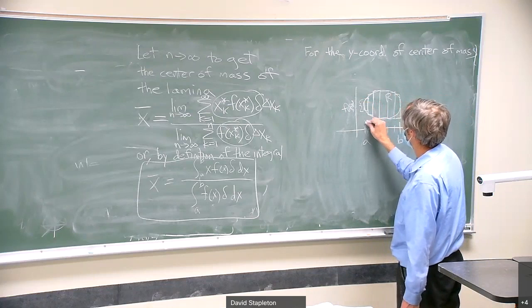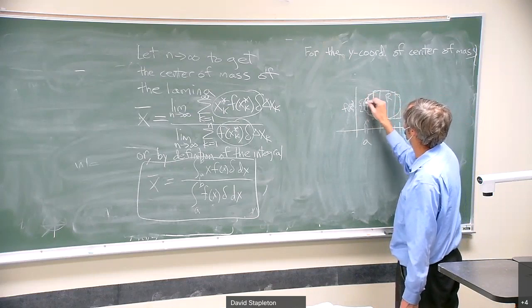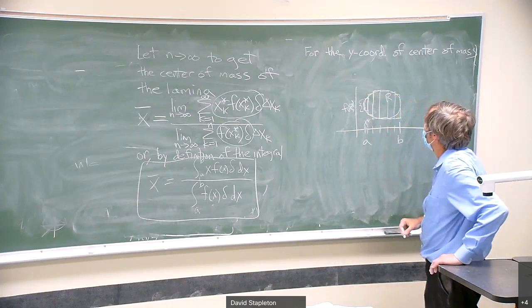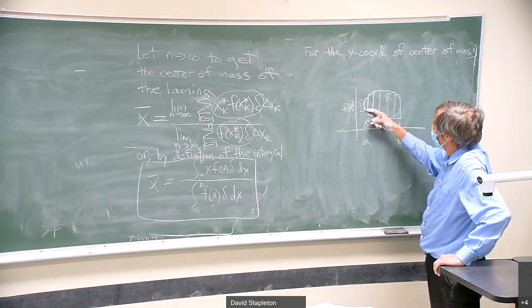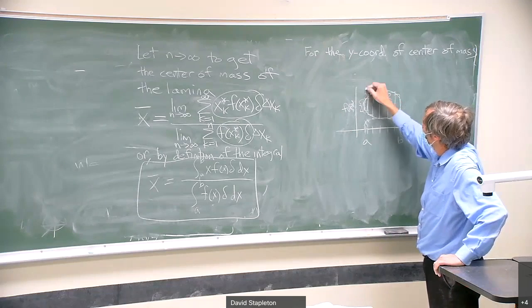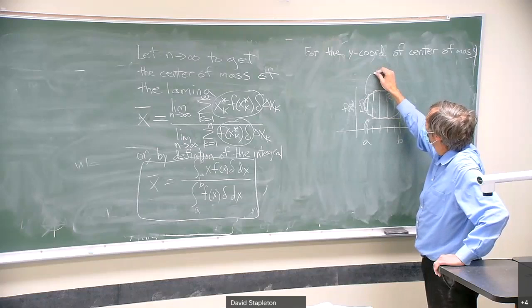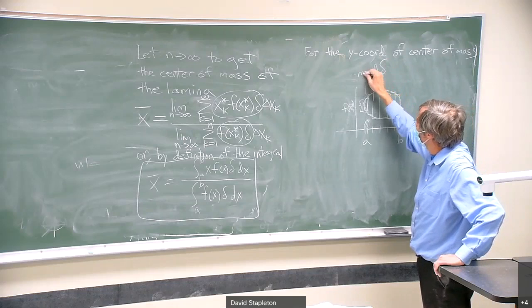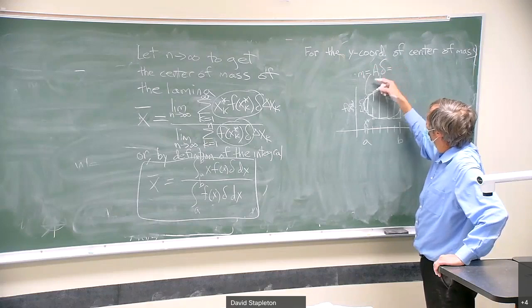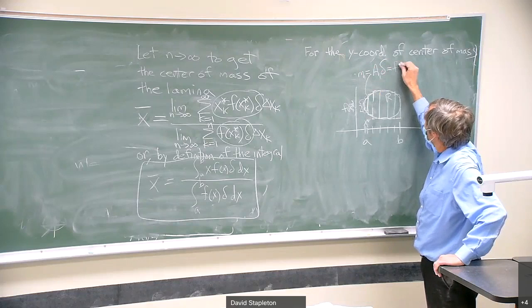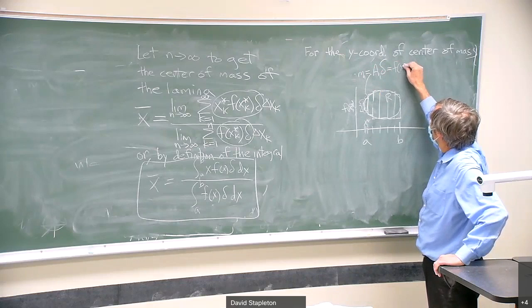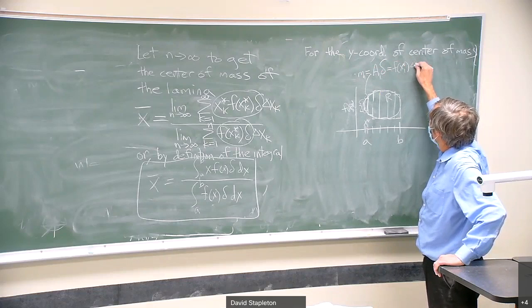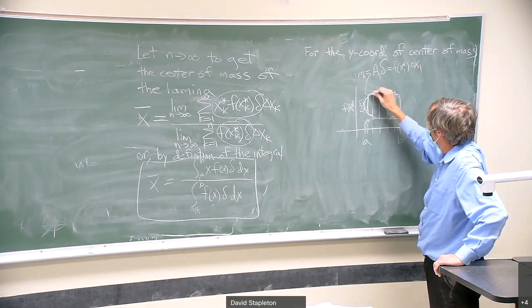You take some point in the first interval, x1 star, to get the height here. And then you can think of it as a mass or an area times delta, right? The area times the density gives you the mass. But the area is f of x1 star delta x1, where delta x1 is the width.